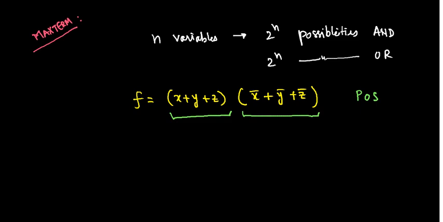Each of these terms is called a max term. What is the criteria? Each of these terms must cover all the variables, either in complemented or uncomplemented form, and it should be expressed in this form, a product of sums. If that is the case, then it is known as a max term. If it is the other way around, a sum of products, it's called a min term.